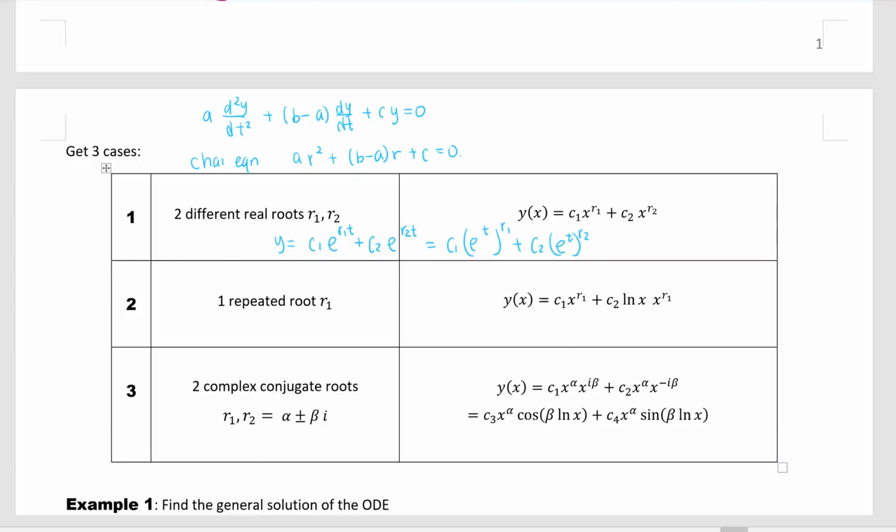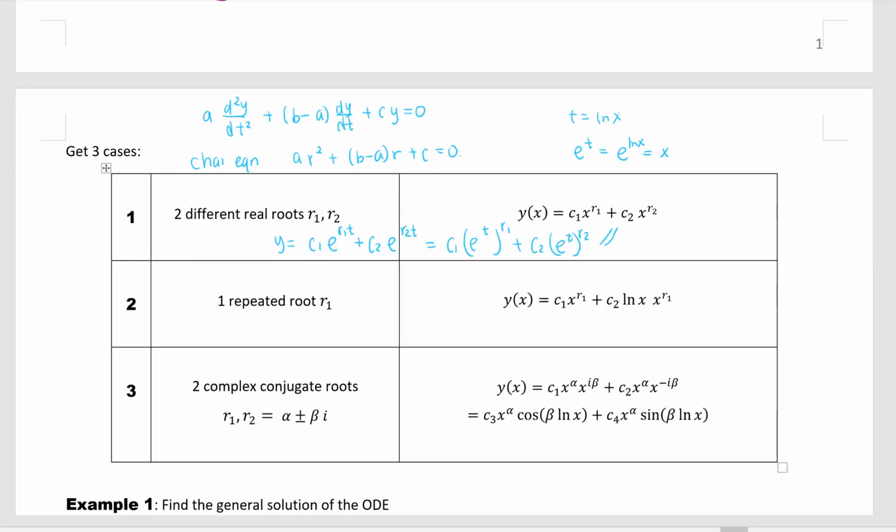But what is t? Well, t is ln of x. So e to the t is actually e to the ln of x, which is x. That is why if we plug in x for e to the t, we get this formula, the solution in terms of x.